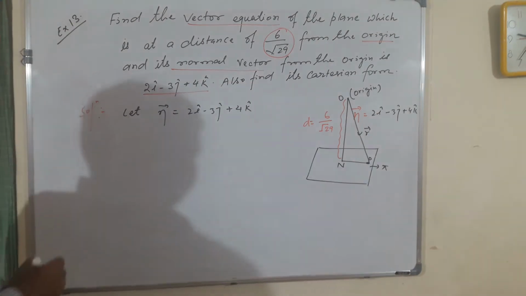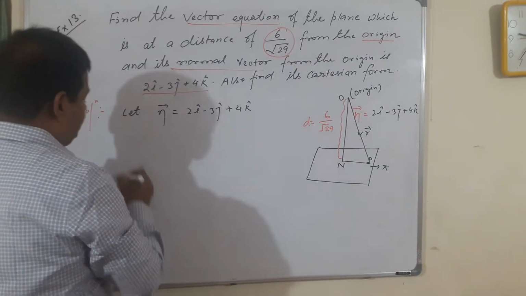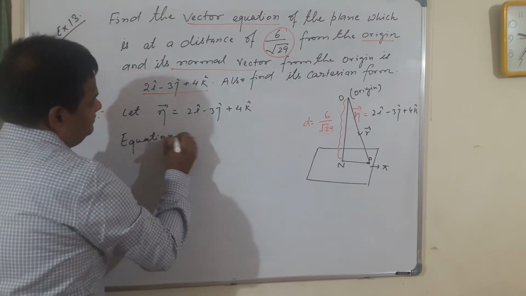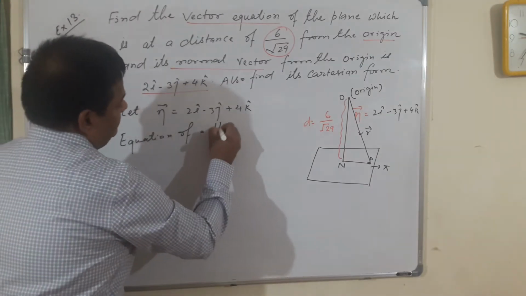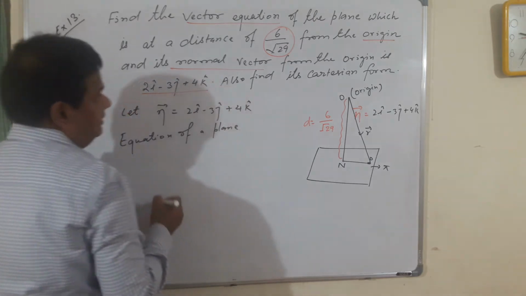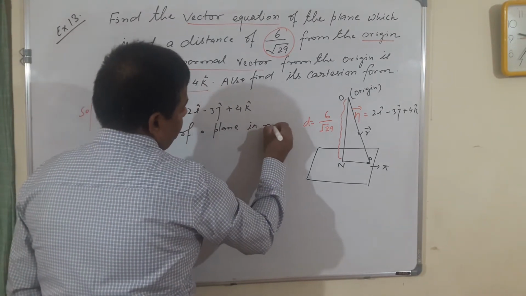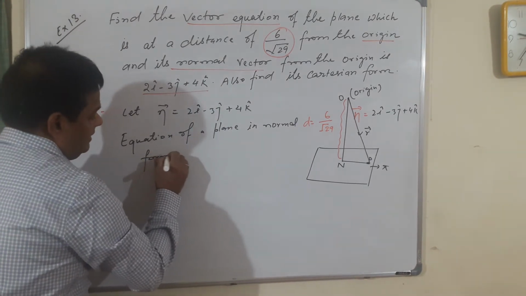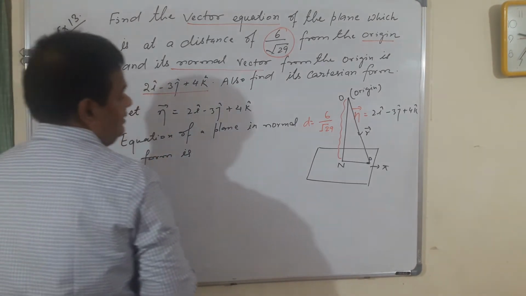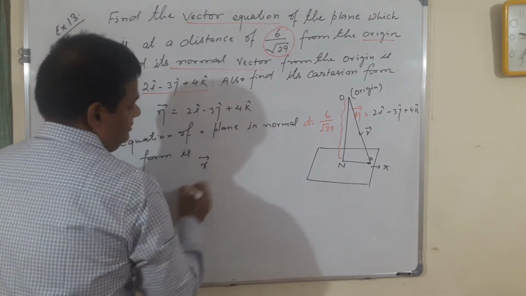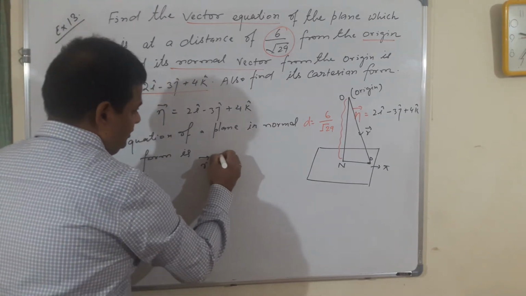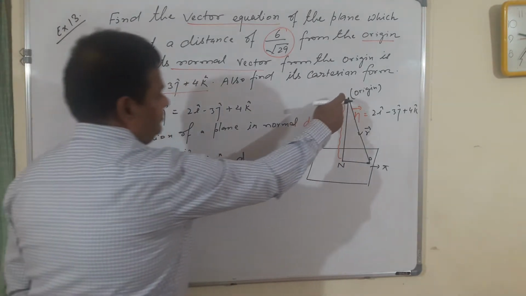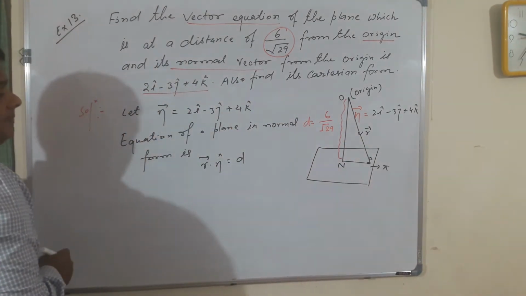Now the equation of a plane in normal form is vector r dot unit vector n is equal to d, where d is the distance from the origin to N.